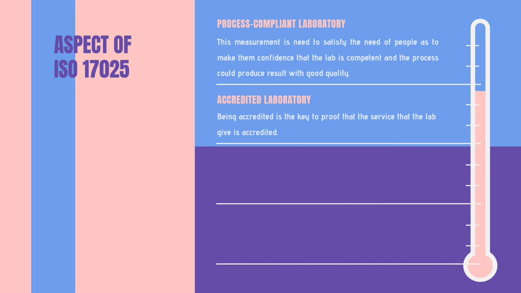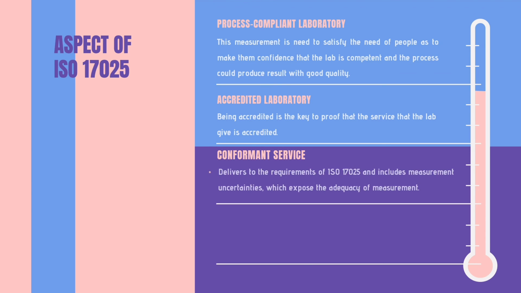Another aspect of ISO 17025 is conformance service. This service is to deliver to the requirements of ISO 17025 and includes measurement uncertainties which expose the adequacy of measurement. A statement of conformance is an expression that describes the conformance or non-conformance of an item to a specification or standard.